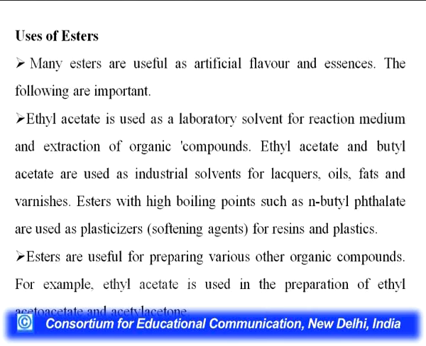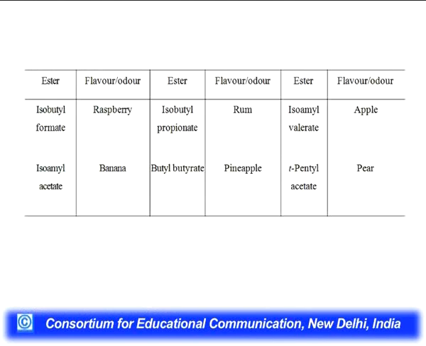Esters with a high boiling point, such as n-butyl phthalate, are used as plasticizers, or we can say softening agents, for resins and plastics. Esters are also useful for preparing various other compounds. For example, ethyl acetate is used in the preparation of ethyl acetoacetate and acetylacetone.